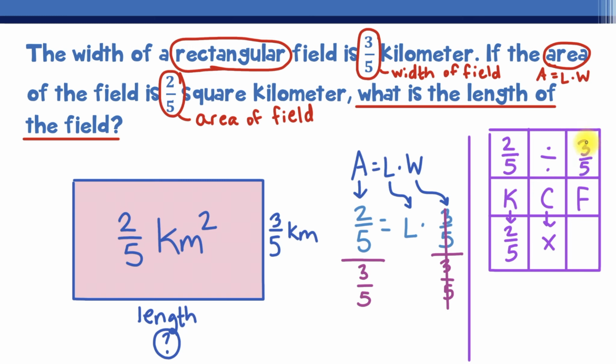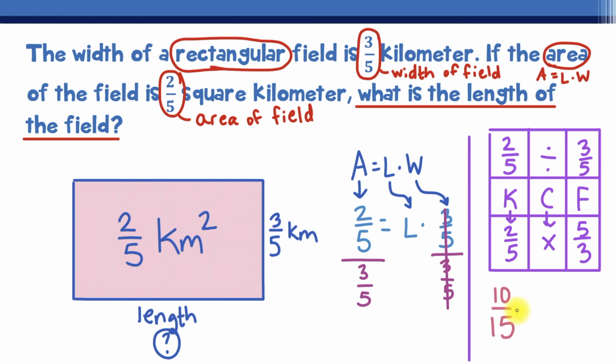So the top becomes the bottom, and the bottom becomes the top. So 3 over 5 will now become 5 over 3. And then we can multiply straight across. 2 times 5 is 10. And 5 times 3 is 15. So we've got 10 over 15.